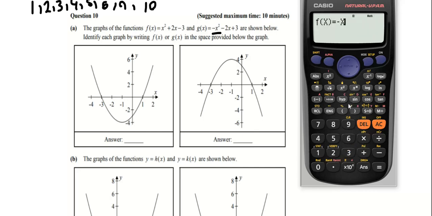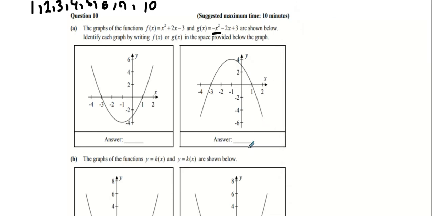So minus x squared, take away 2x plus 3. Start at minus 4, end at 2. And you can see that the equations match there. Minus 2, 3. We got 0, 3, which is there. Okay, so that works perfectly. So this one is g of x, and this one here is f of x.